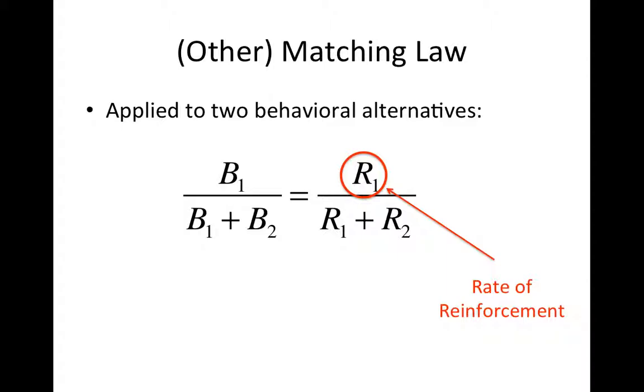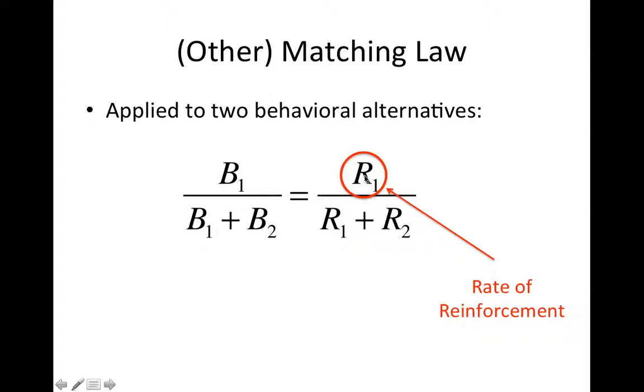So when we apply it to two behavioral alternatives, what we found is that the matching law, the allocation of behavior, how much time or how many resources we apply to this one alternative, is going to be related to the relative rate of reinforcement of all the alternatives.